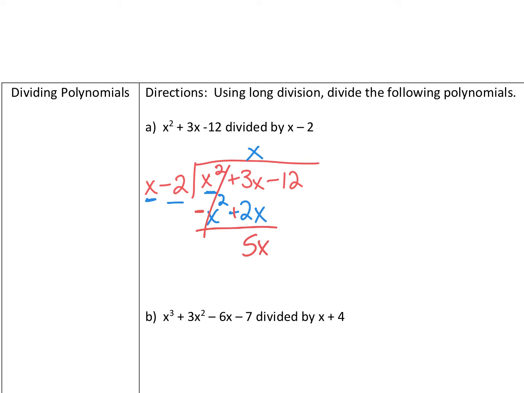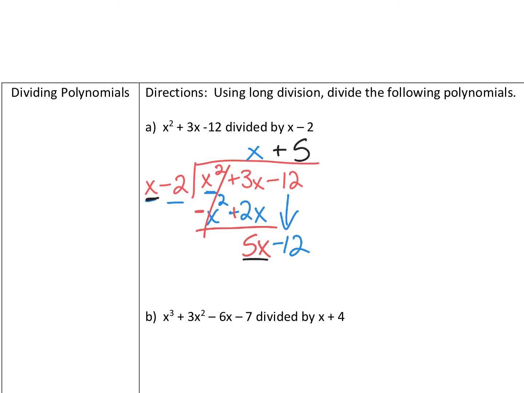Now, just like if we were dealing with numbers, we bring down our next term, our next digit, and we repeat this process. So we're going to take our first term divided by our first term. So now we're doing 5x divided by x, which is 5. And now we're going to take that 5 and multiply it by our divisor.